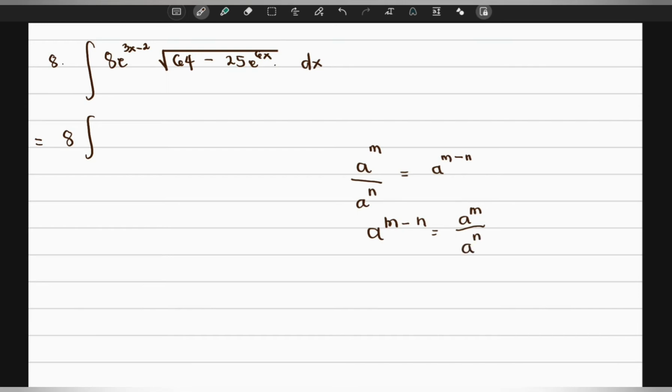Okay? So, ganun gagawin natin dito. So, this will become e raised to 3x over e raised to 2. Yan. Tapos ito, we're going to express yung nasa loob, yung radicand. We have 8, quantity 8 squared minus 5e raised to 3x. Yan. Okay.